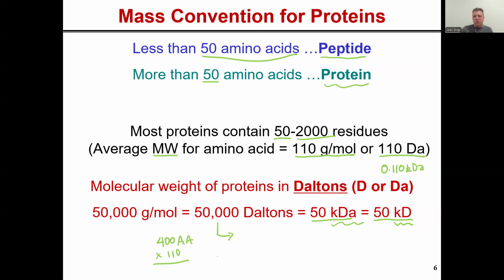Okay, so we're looking at about 44,000 Daltons. Anyway, my point is that we're looking at a protein that's about 450 amino acids. Is my math a little bit off there? Yeah, it is. But I'm in the general vicinity. So we're talking about a protein that's more than 450 amino acids long.